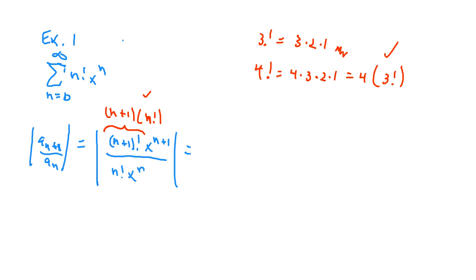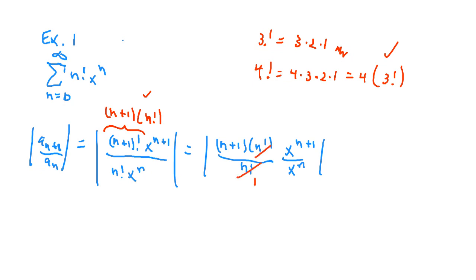And this is going to help you simplify the expression, because you'll have n plus 1 times n factorial over n factorial times x to the n plus first power over x to the n. And there's going to be a lot of simplification going on here.